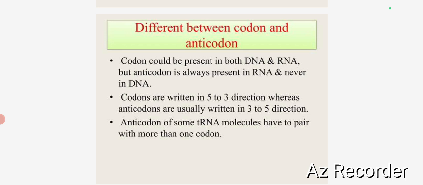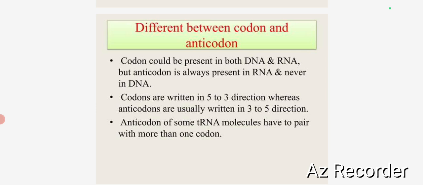Difference between codon and anticodon. Codon could be present in both DNA and RNA, but anticodon is always present in RNA, never in DNA. Codons are written in the 5' to 3' direction, whereas anticodons are usually written in the 3' to 5' direction.